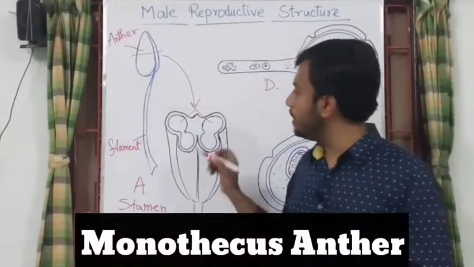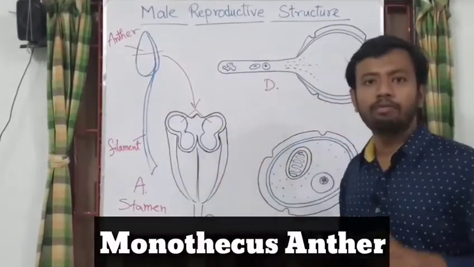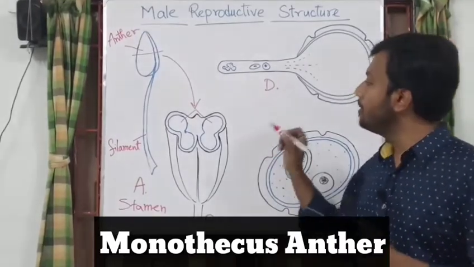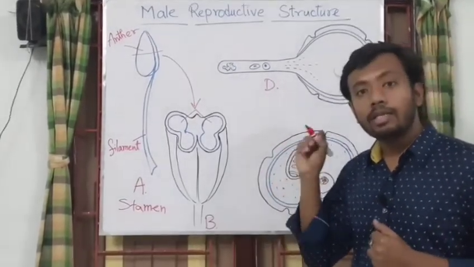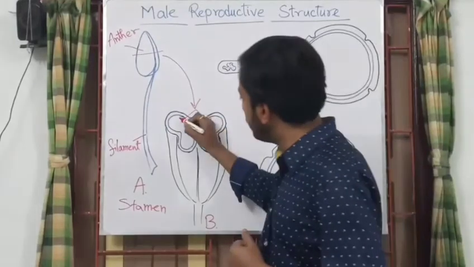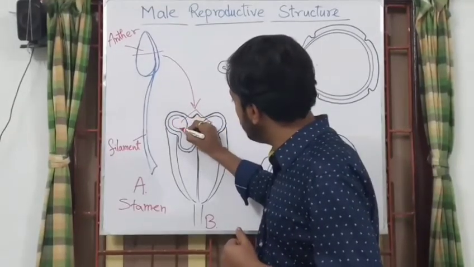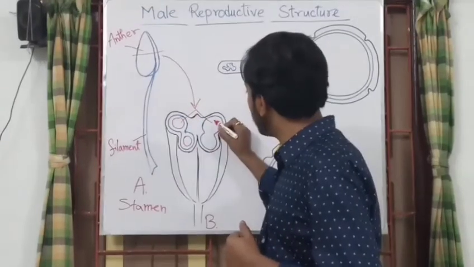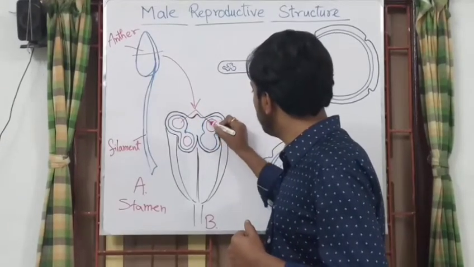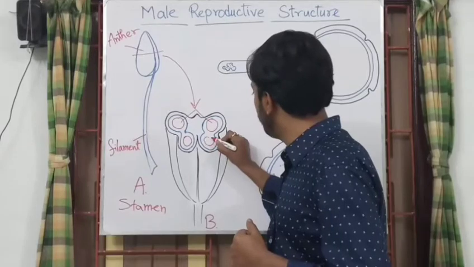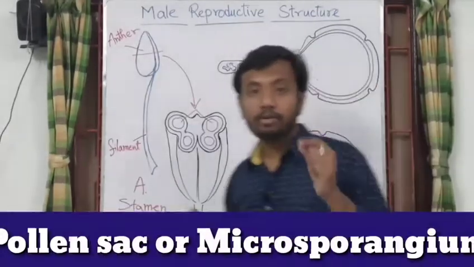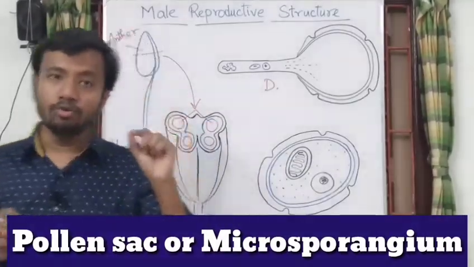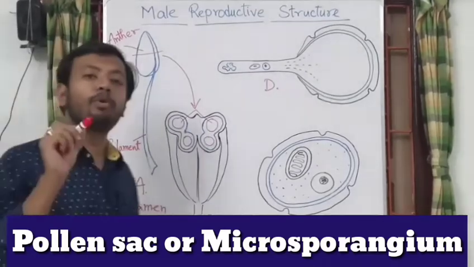Now if we examine these anther lobes in further detail with the help of a microscope, we will find some circular sac-like structures inside these anther lobes. These are known as pollen sac or microsporangium, as they house the microspores or pollen grains.